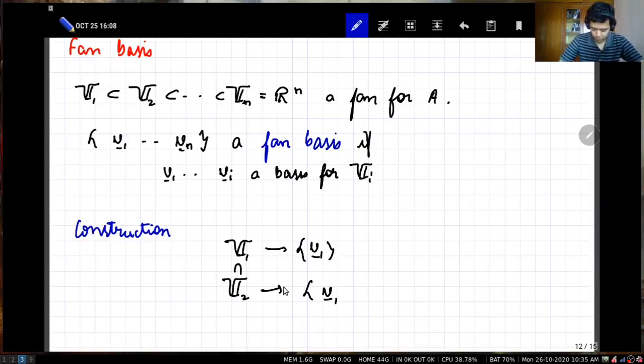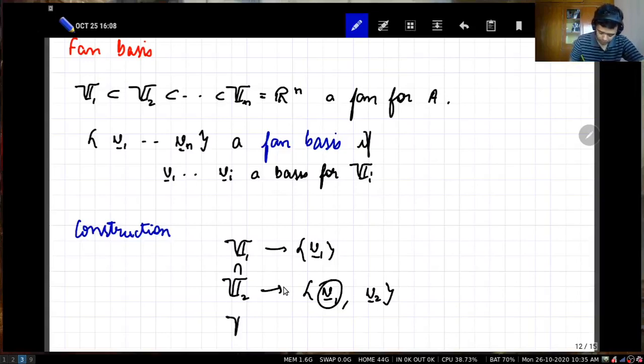Right? So V1 is a subspace of V2, and pick any vector in V2 which is linearly independent of this particular vector. Call it little v2. So obviously this spans script V2 and therefore this forms a basis.